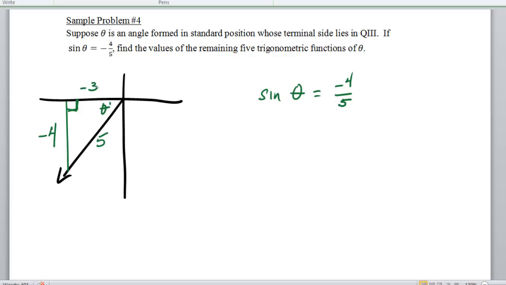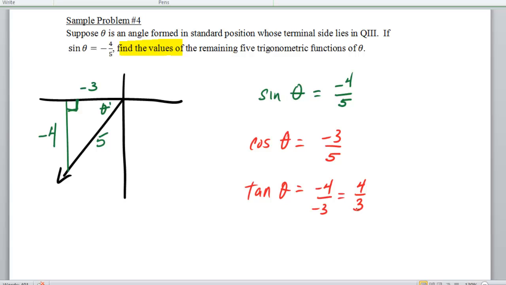And so we've now found the necessary parts of the triangle, so that's going to help us find the remaining trig functions and their ratios. If we want to find the value or evaluate the remaining ones, cosine is going to be adjacent over hypotenuse, and then tangent is going to be opposite over adjacent, but since we have two negatives here we can cancel those out, so that's technically going to be 4/3.